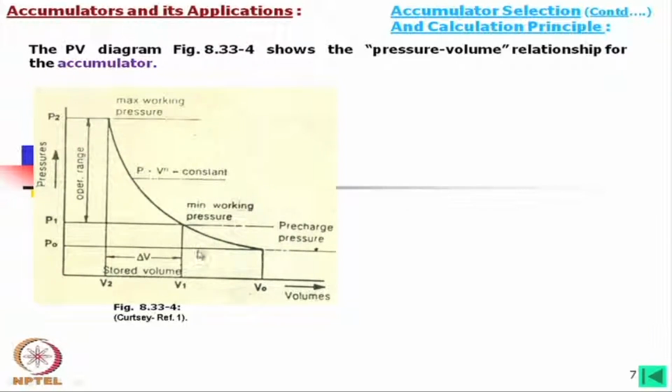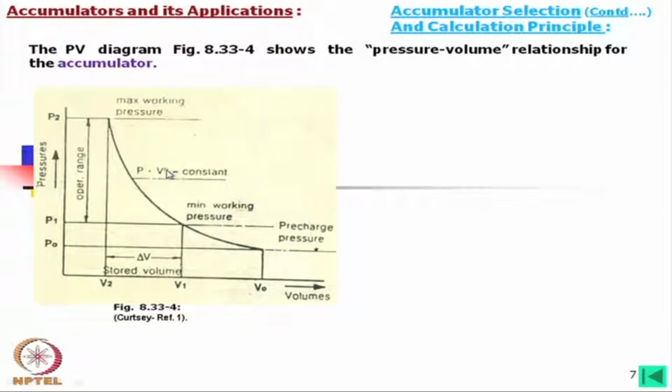That means, at pressure P2 we have the minimum volume, and at V1, the minimum pressure, is the maximum volume, and this is the charged volume, right.